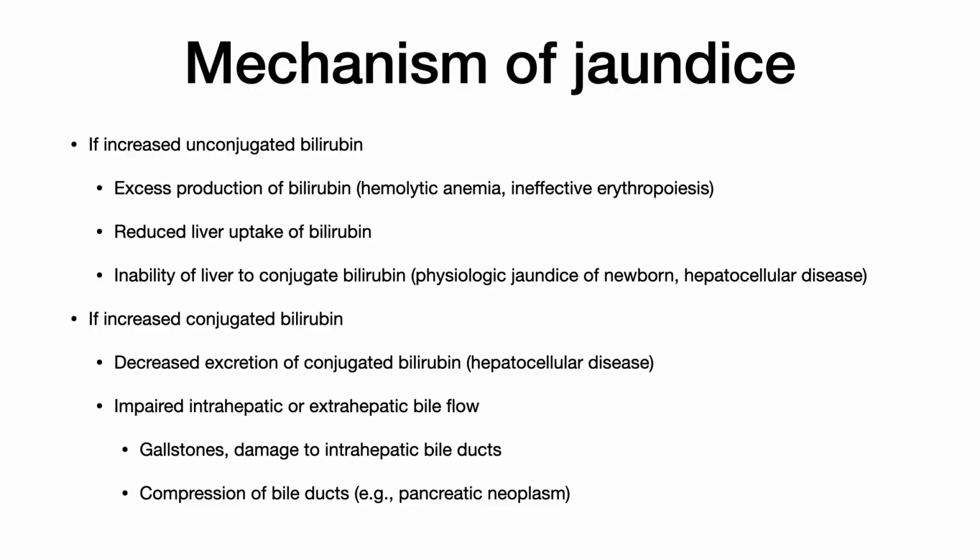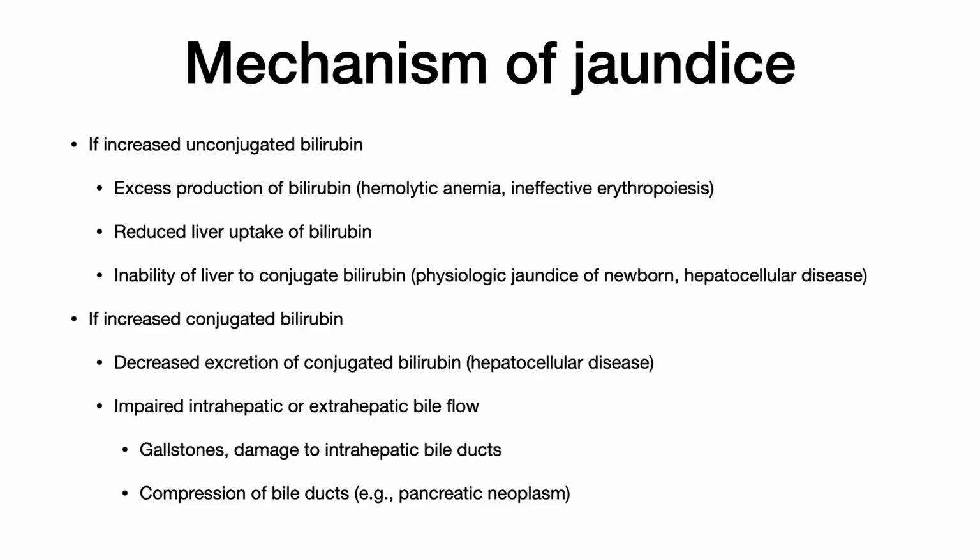So physiologic jaundice of newborn, where the newborn's ability to conjugate just isn't quite up to speed at birth, and they can have some physiologic jaundice, or if there's hepatocellular disease. If you have an increase in conjugated bilirubin, that means you're having decreased excretion, so that can be hepatobiliary disease. Hepatobiliary disease can produce unconjugated or conjugated or both, probably frequently both, because of an inability to conjugate or decreased excretion.